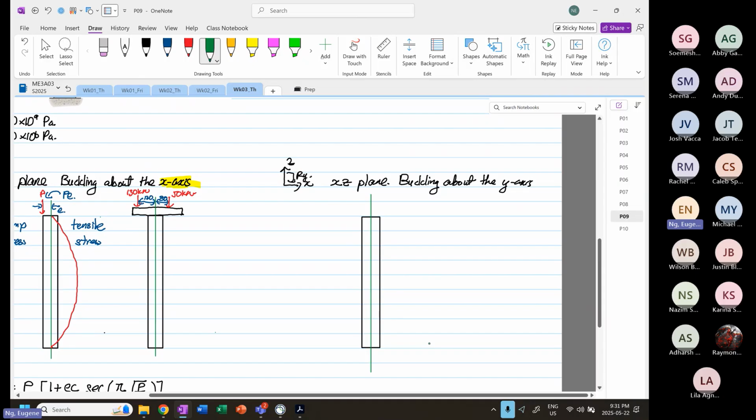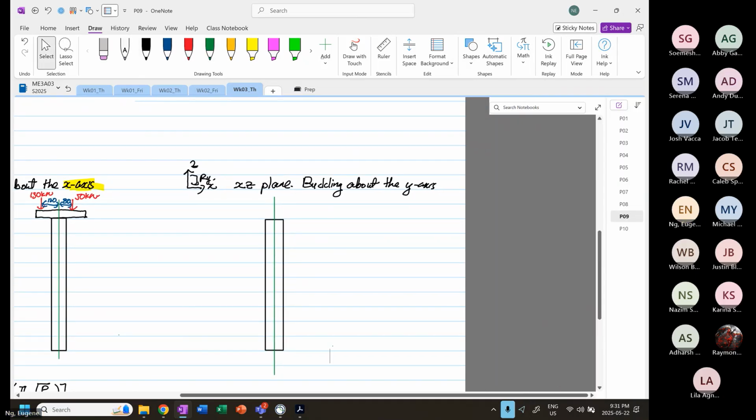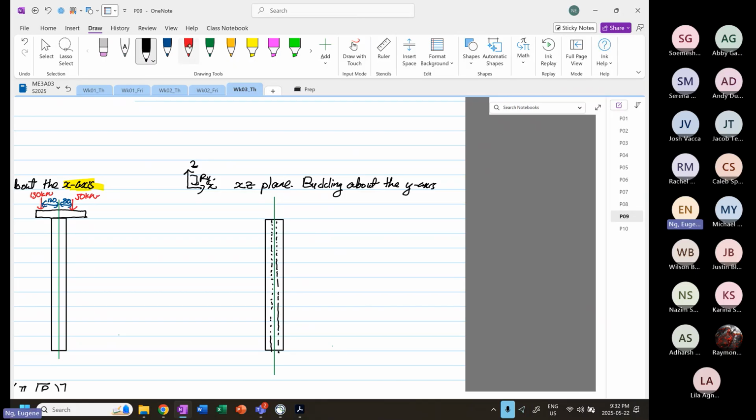And then because of how the structure is orientated, this is our web. The dotted line, this is our web. There is our web. And if we were to look at the load, it is coming down vertically.